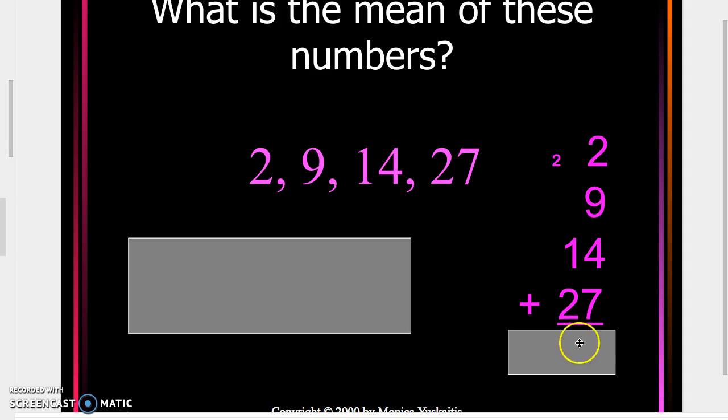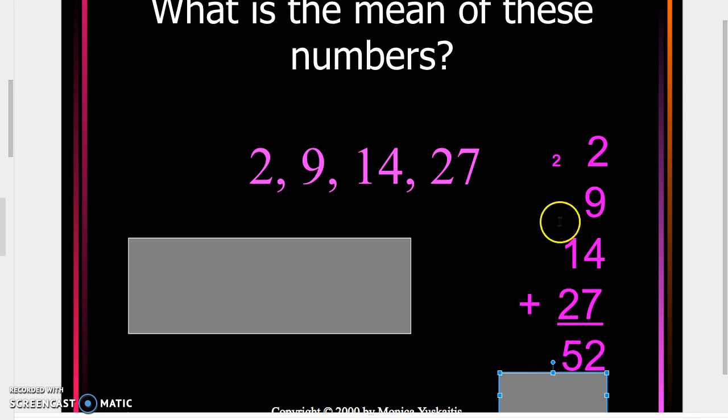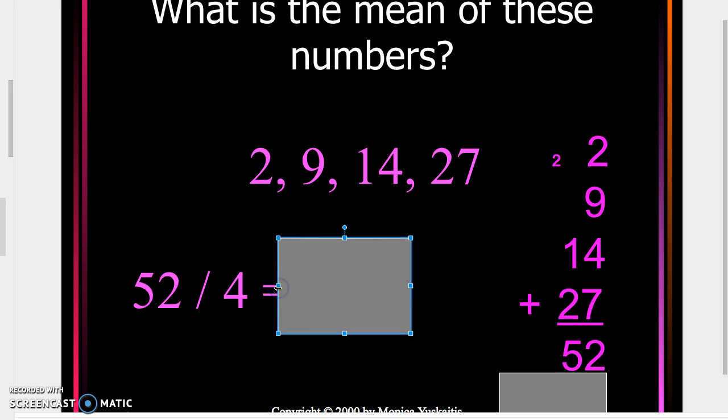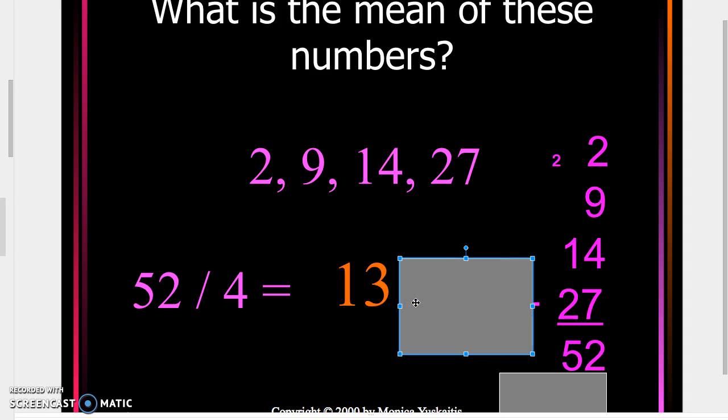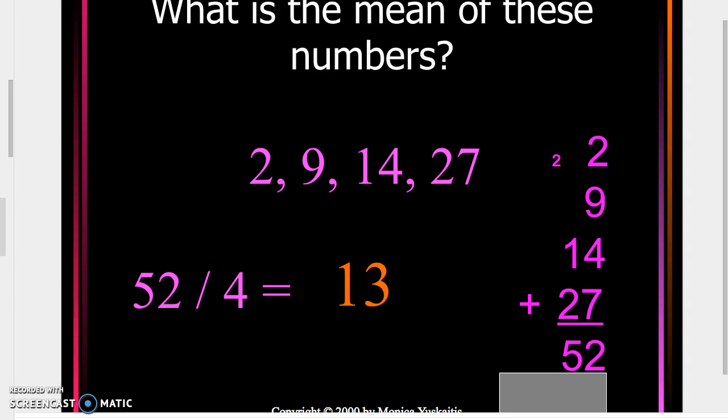I need to carry my 2, and I have a 2 down there. So 2, 3, 4, 5 equals 52. So in this one, I'm solving 52 divided by 4. That one you'll probably need to solve out. 52 divided by 4 is 13. So the average or the mean of these numbers is 13.